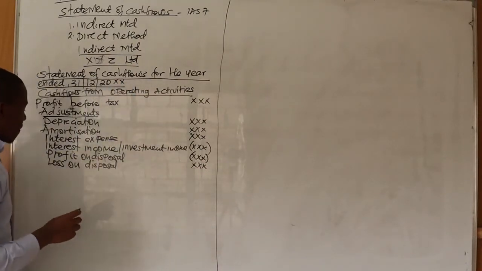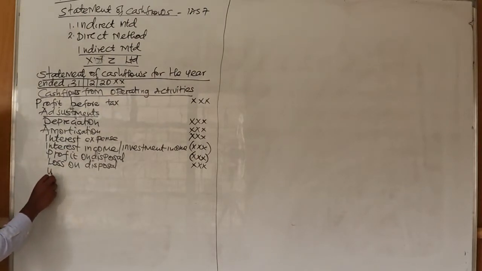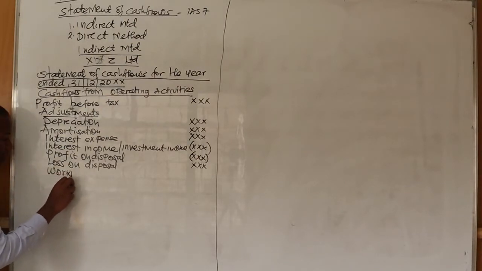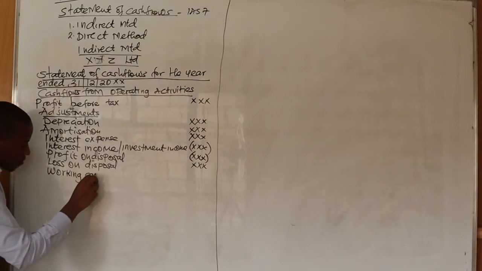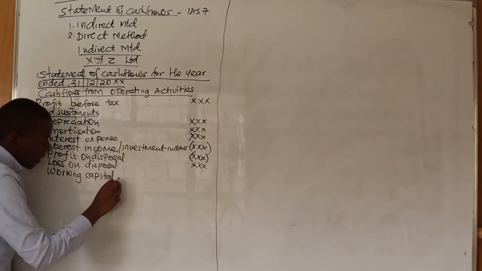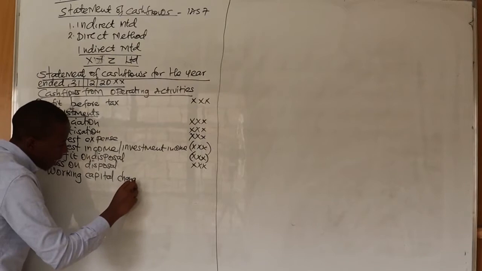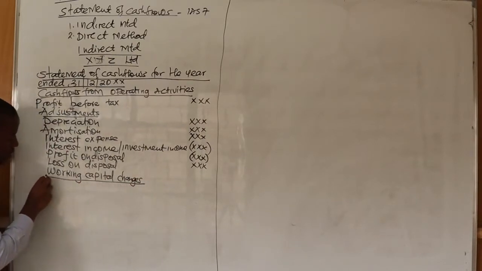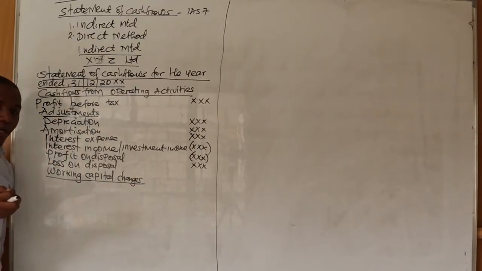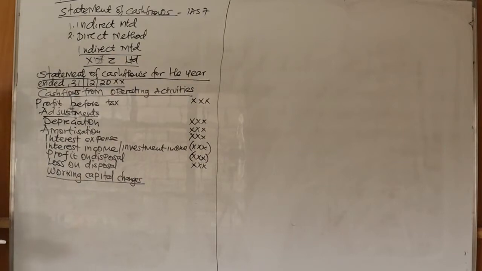Then after that, you will go to what we call the working capital changes. Working capital is just the current assets minus the current liabilities.